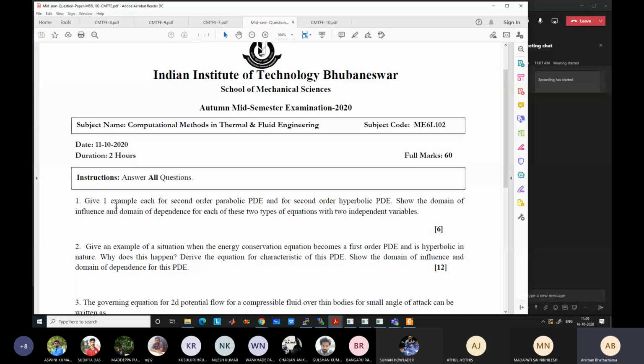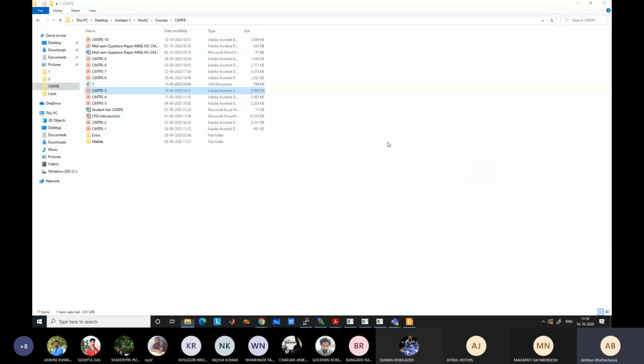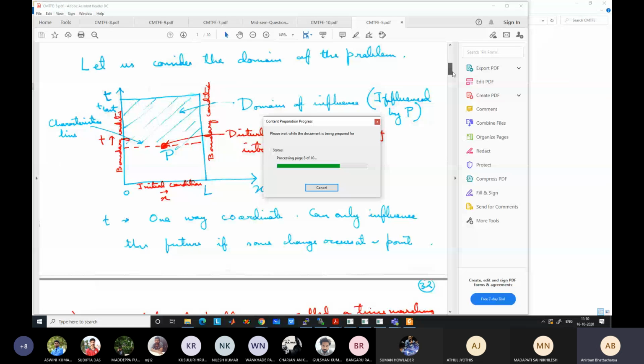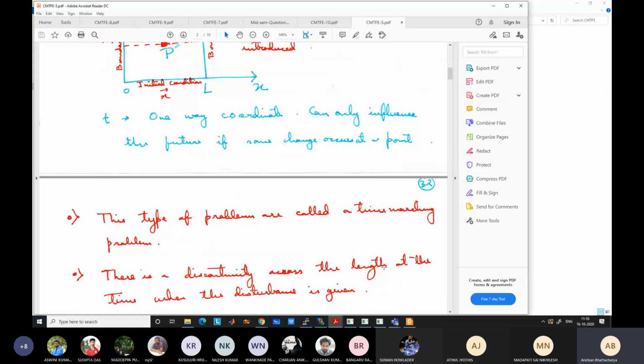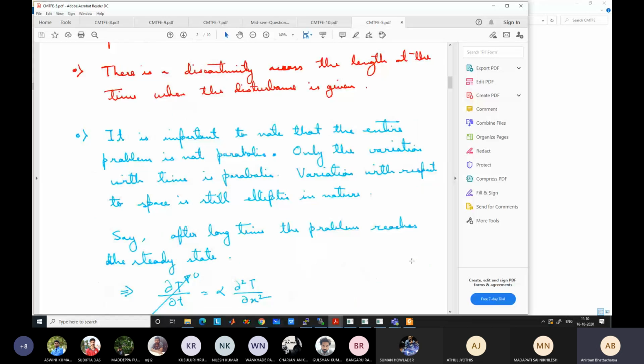For the parabolic PDE, you can show the domain of influence, and the domain of dependence is the bottom part below point P. Similarly for the hyperbolic PDE, the domain of influence is this region. The domain of dependence is the other region below this, which can affect the values at point P.